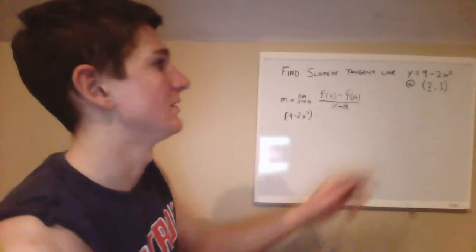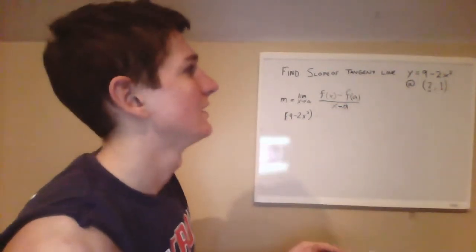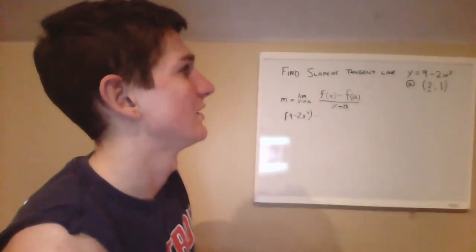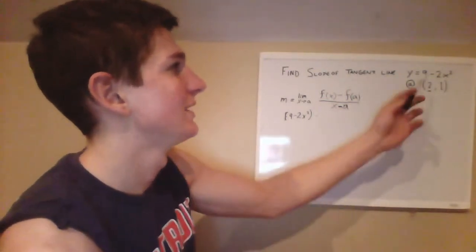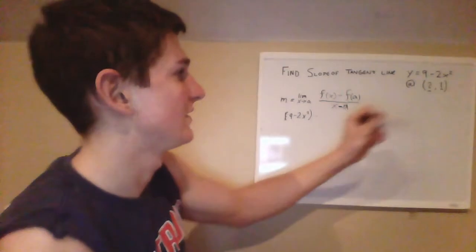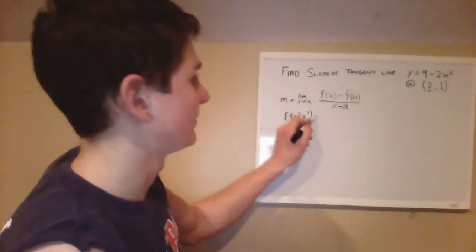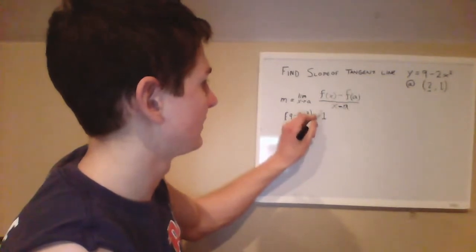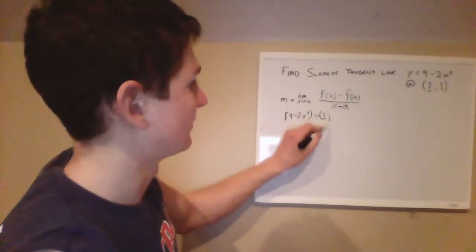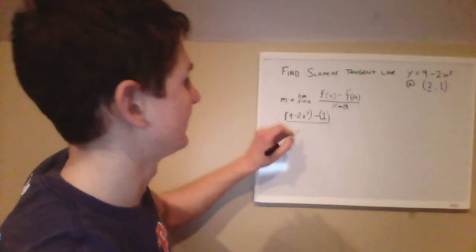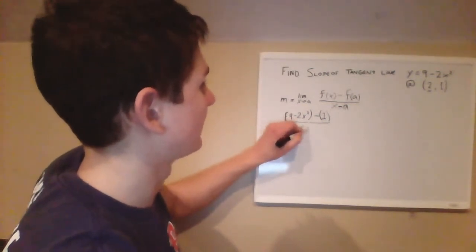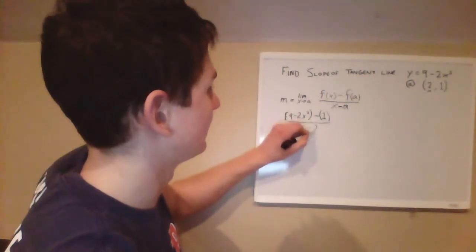You plug that into this equation: 2 squared is 4, times 2 is 8, so 9 minus 8 is 1. So we get 1 down here, all over x minus a, which is x minus 2.